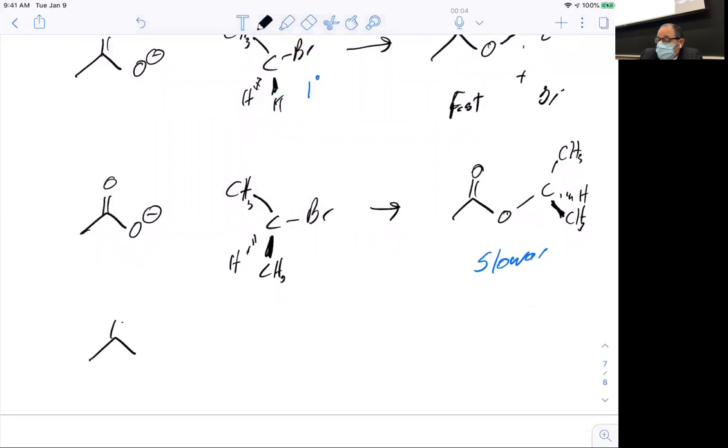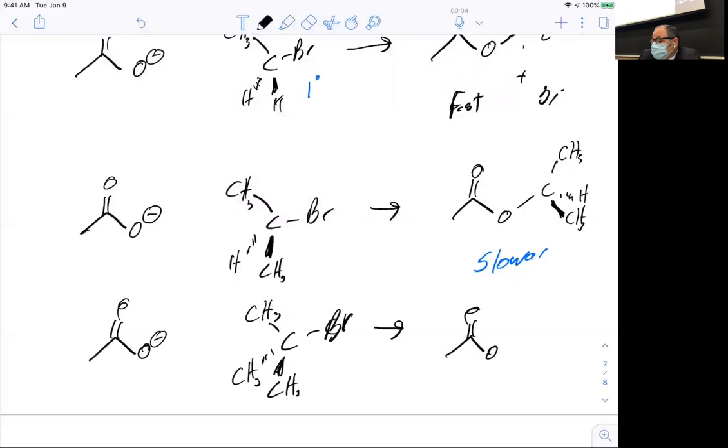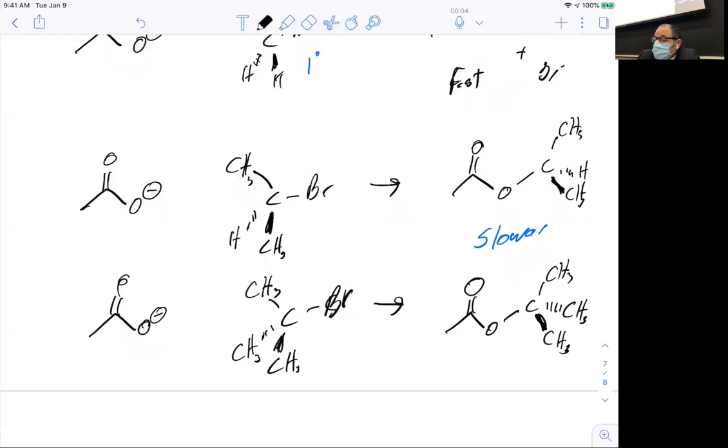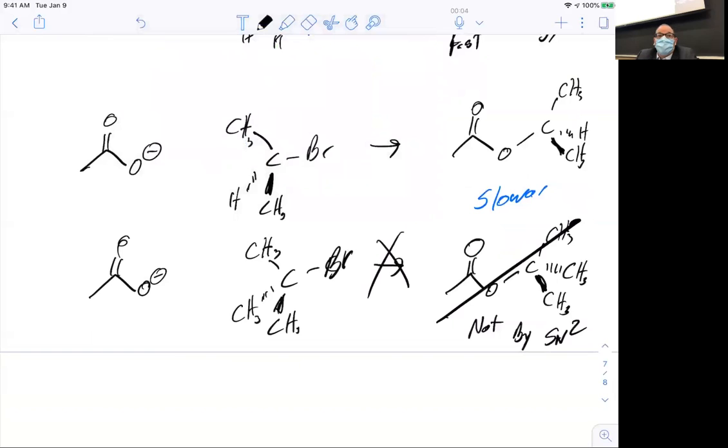Then when I go to tertiary, we don't see this reaction occurring by SN2.